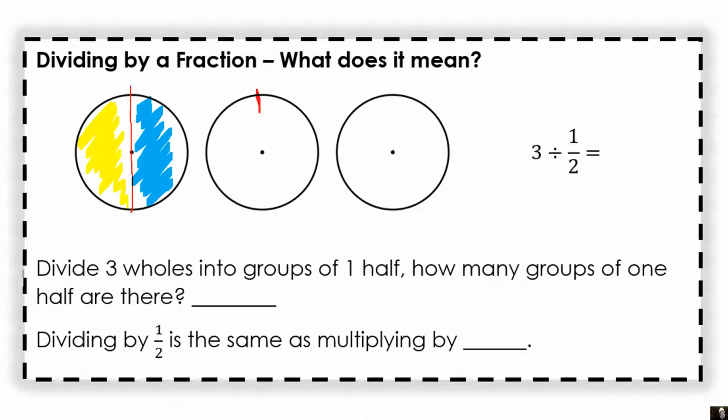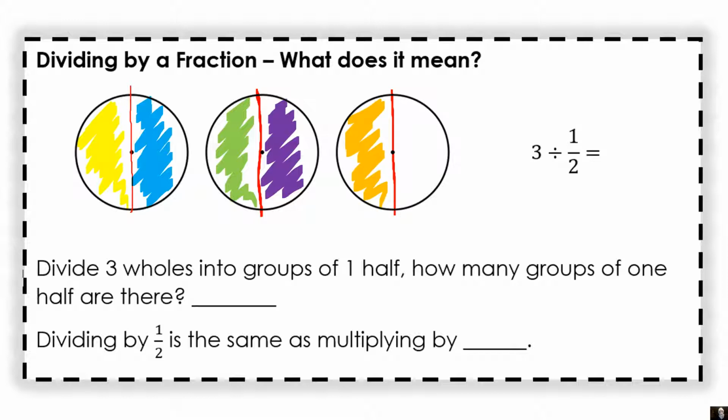Then the next circle and the next circle, split them into halves. So I might color half green and half purple. The next one I'll color half in orange. And the other half, let's go red. All right, so I've divided those 3 wholes into groups of 1/2.